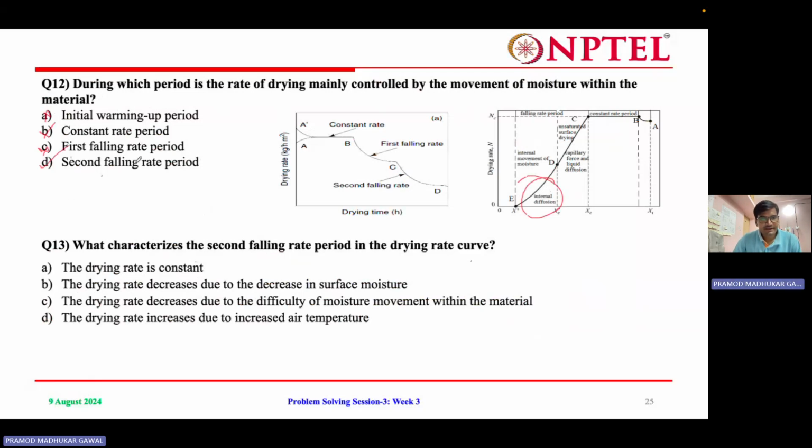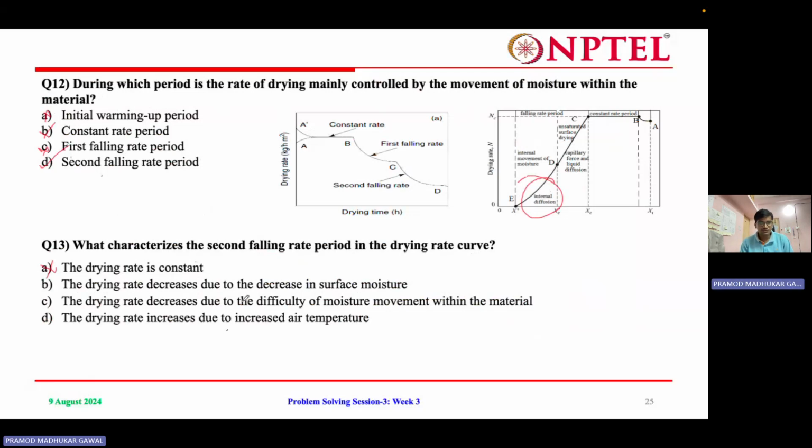Question number 13. What characterizes the second falling rate period in the drying rate curve? The drying rate is constant, no, here the drying rate is decreasing in the second falling rate period. The drying rate decreases due to the decrease in the surface moisture, this is not possible.